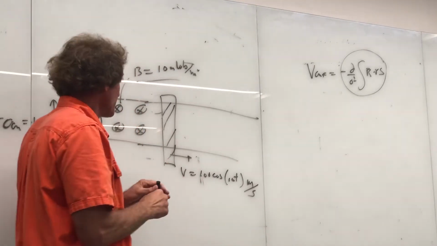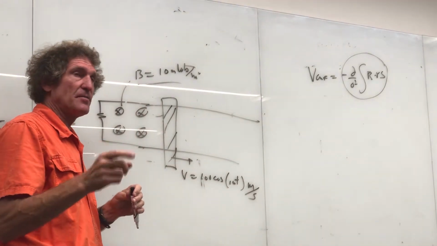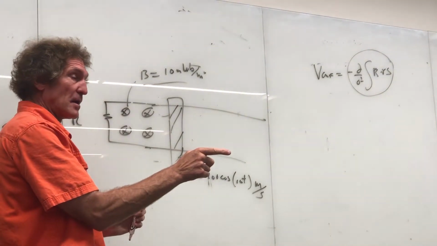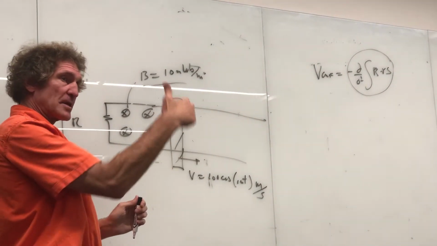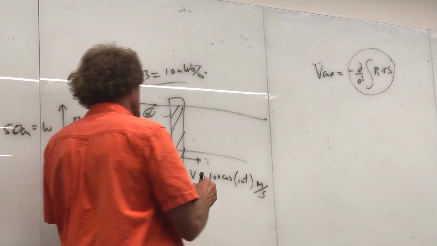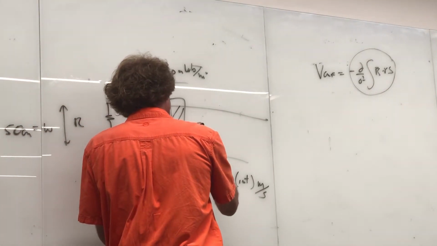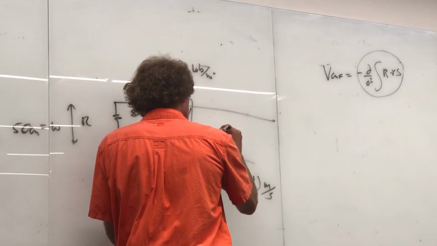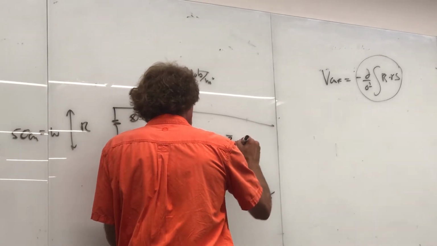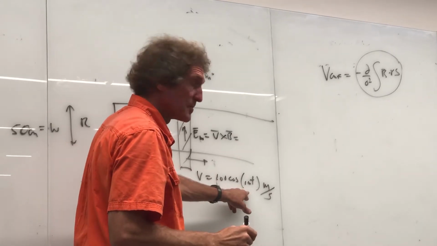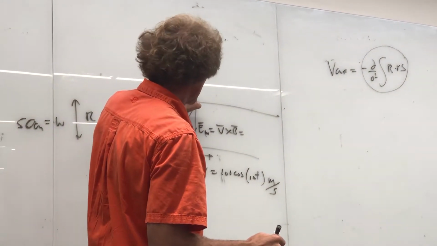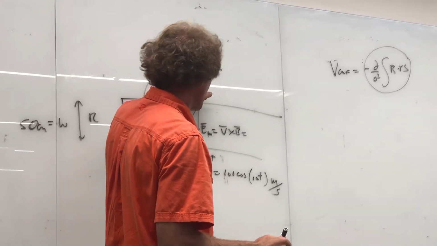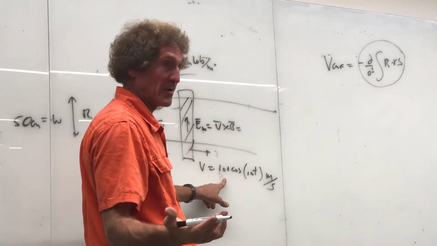Follow me? So we just look at the bar and find the voltage across it. And remember, the way to get the direction of the E field, and thereby the polarity of the voltage, is that V cross B is the direction of the E field. So I can say that the E field induced here, caused by the motion, is equal to V cross B. And since V is this, and B is that, it's going to be 10 times 100, or well, really this is 10 to the minus 2 times 10 to the 2, it would be just 1, right?